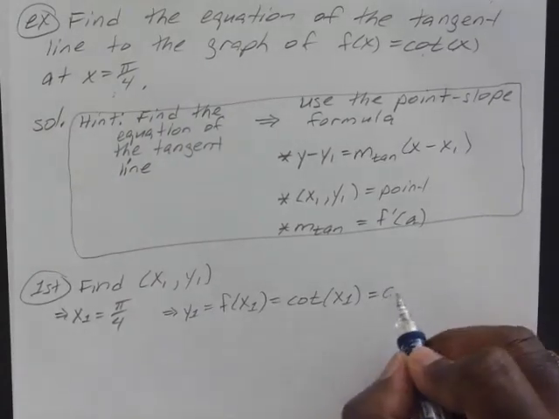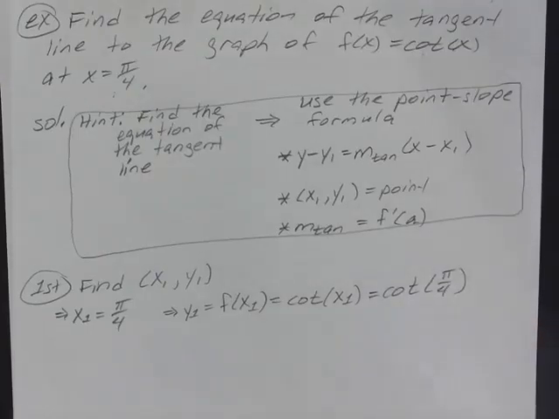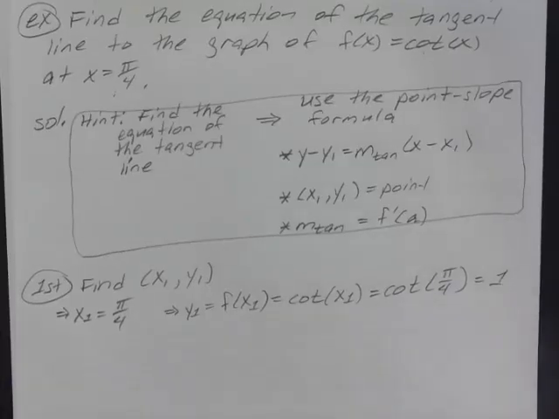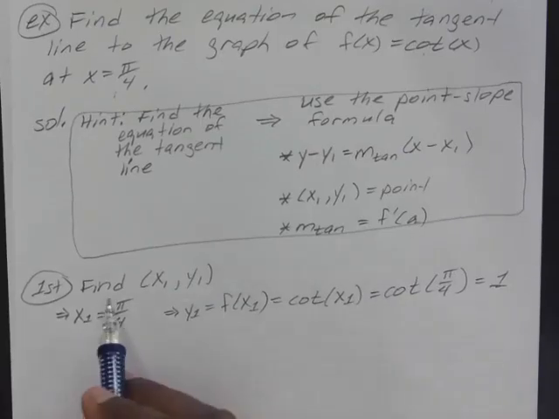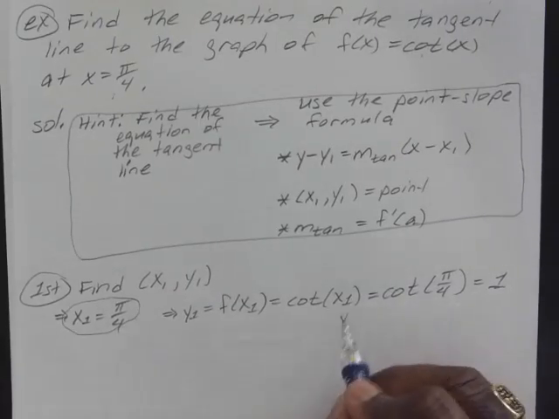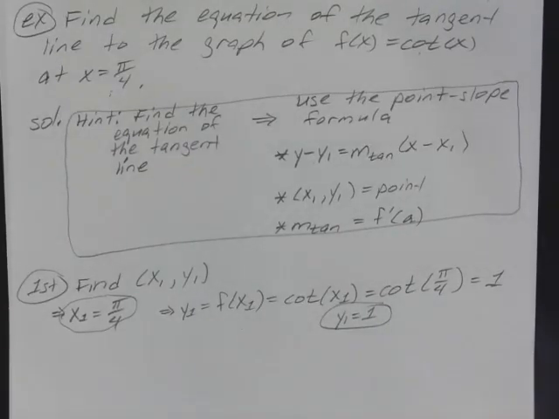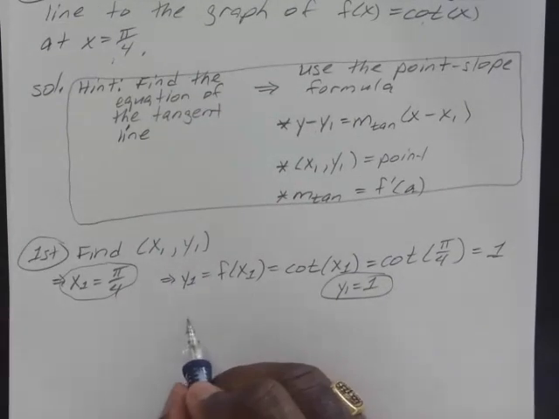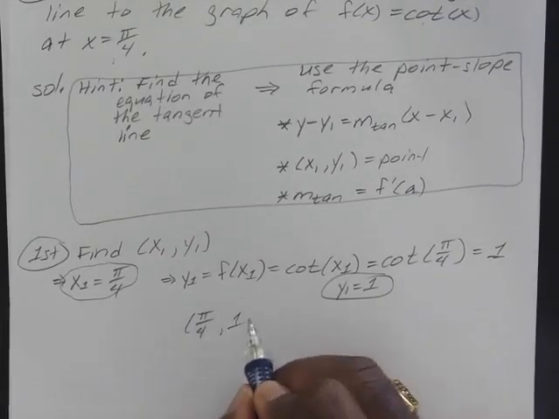So in other words, this is just cotangent of pi over 4, which is equal to 1. Okay, so we have our x number 1 and our y number 1, which is equal to 1. Or you can just write it in ordered pair form if you want.